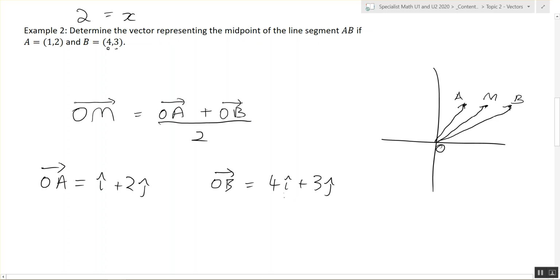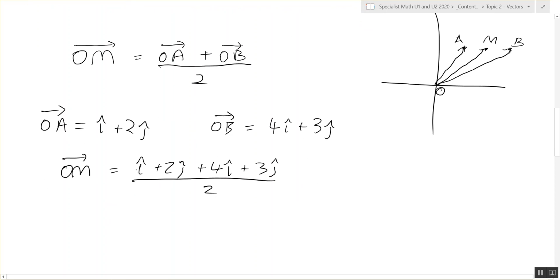Now we're going to sum, so add the two vectors and divide it by 2. So the i's, 1 plus 4, 5i. The j's, 2 plus 3, also 5, but it's 5j over 2.